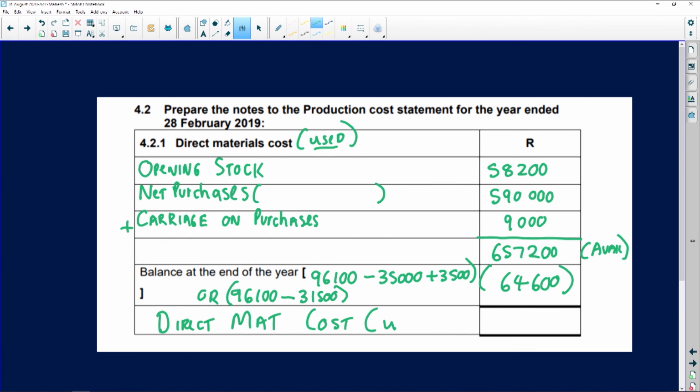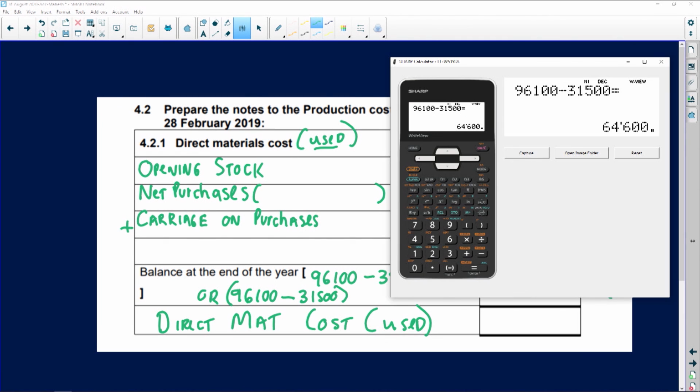Right, and then finally we can now calculate our direct material cost. In other words, what was used for the financial year. So remember, this amount is what was available. This is what we did not use. So obviously the difference gives us our raw material expense for the year.